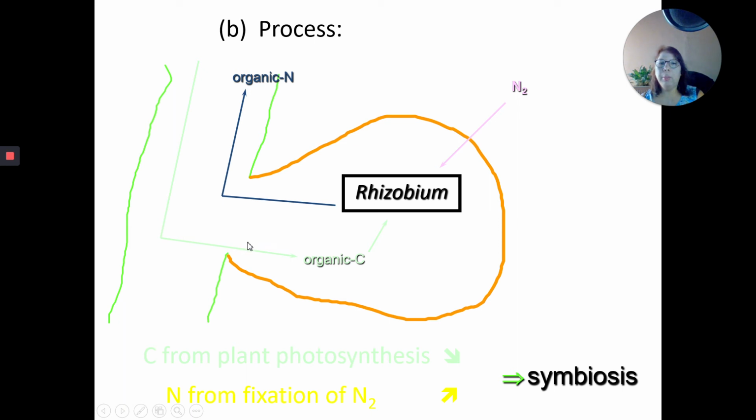The carbon reacts with the rhizobium. The rhizobium also reacts with the nitrogen. So photosynthesis plus nitrogen fixation will give enough energy for the plant to survive.